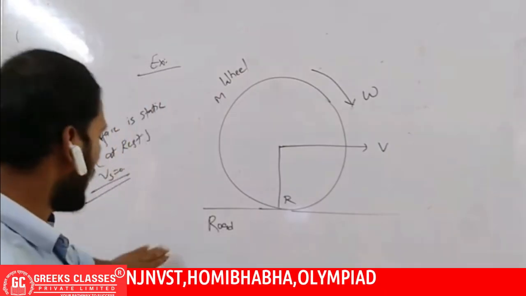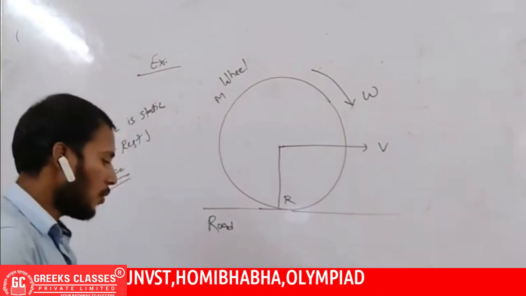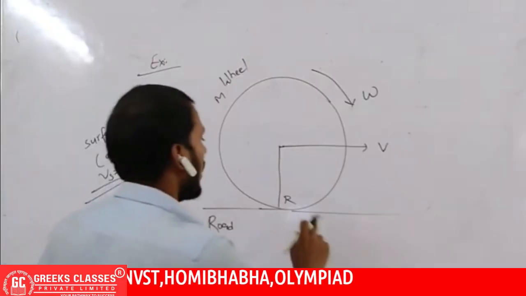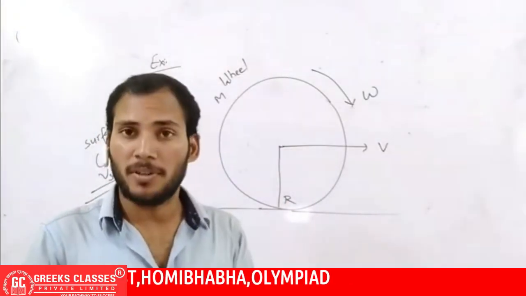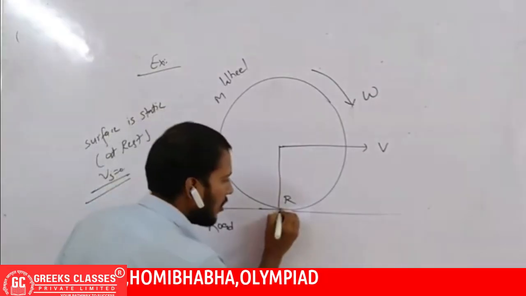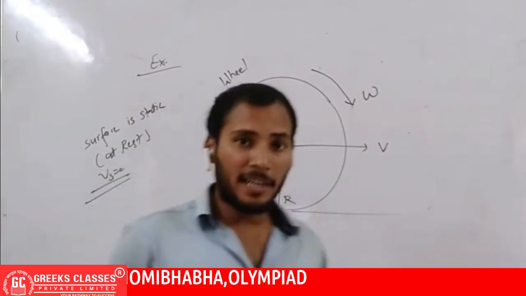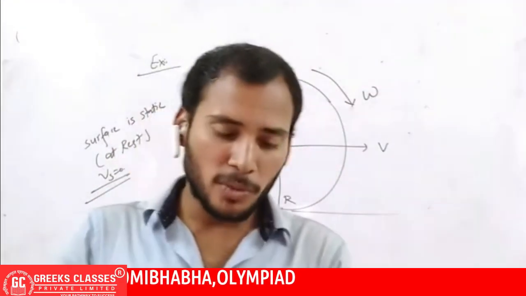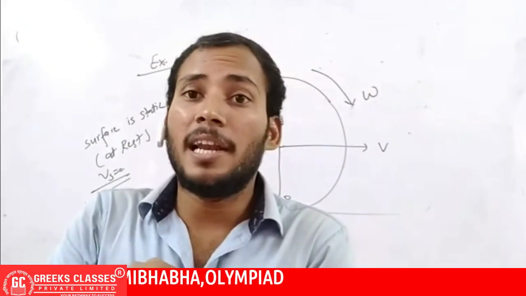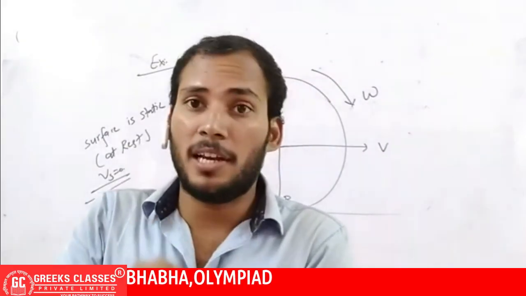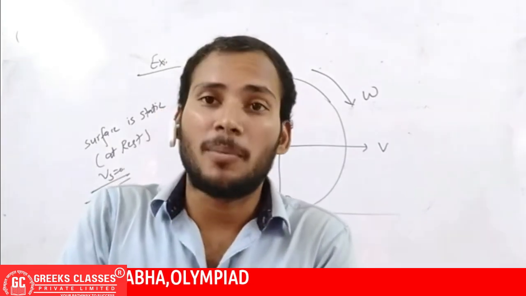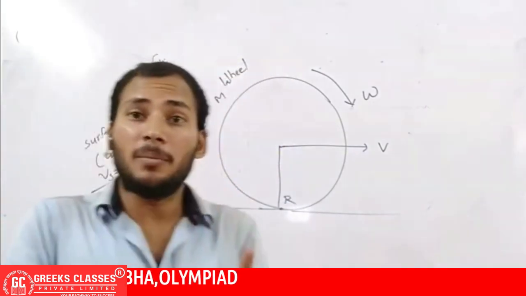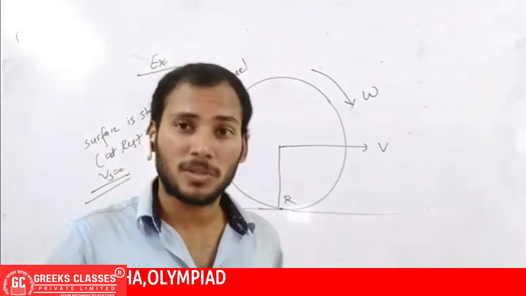Okay. Now we will fulfill the condition. What does the condition say? The body is not sliding with respect to the surface. When does sliding occur? In friction you would have studied that when there is relative motion between 2 bodies, then there is sliding between the bodies. If there is no relative motion between 2 bodies, there is no sliding.